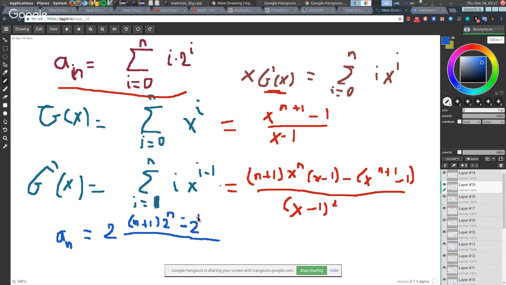This is 2 to the power n plus 1. And this plus 1, and this is basically 2 minus 1 squared, which is 1. We end up having this expression, which is a closed formula for this summation here.